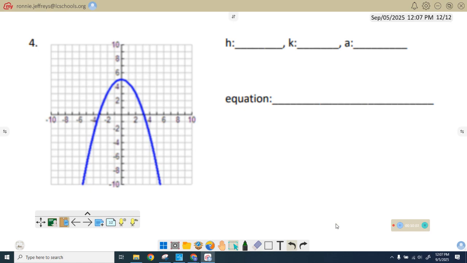All right. Sorry. Now, our vertex is right here at 0, 5.